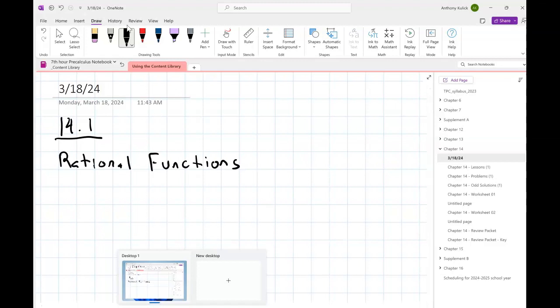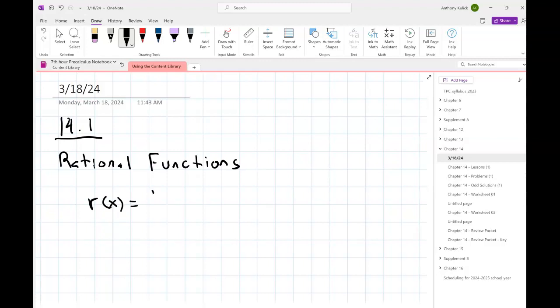Today, we're going to talk about graphing rational functions. When we talk about a rational function, rational functions are of the form P of x over Q of x, where P of x and Q of x are polynomials.